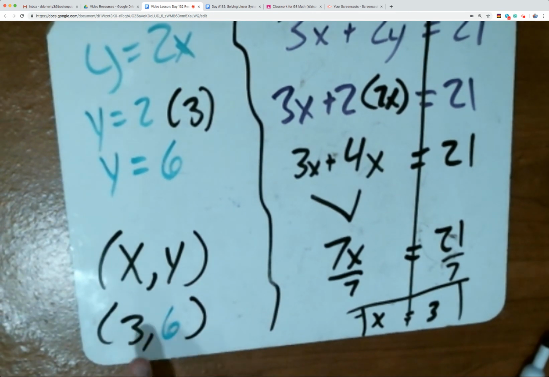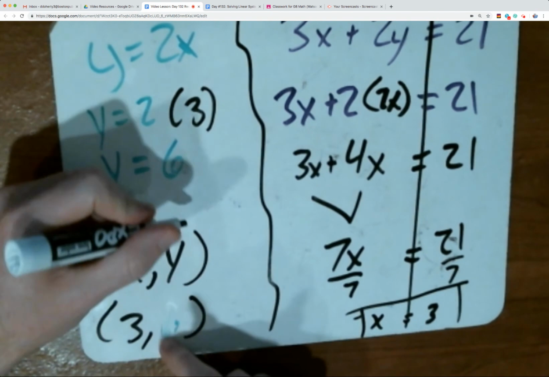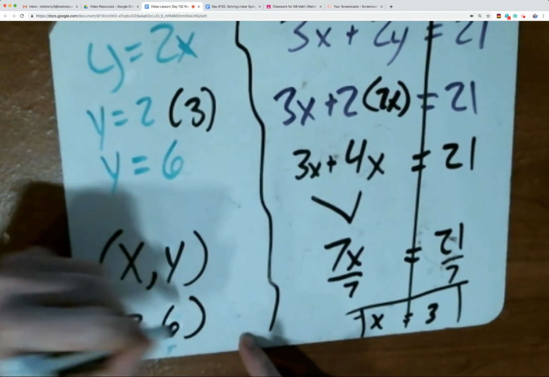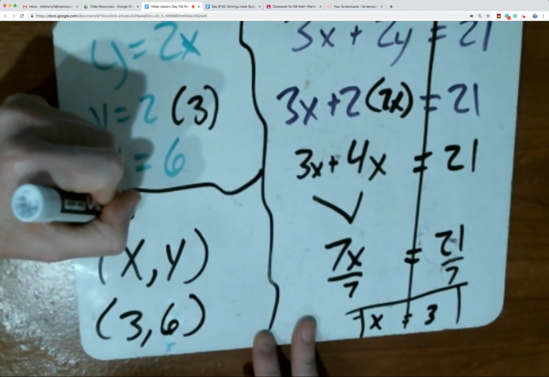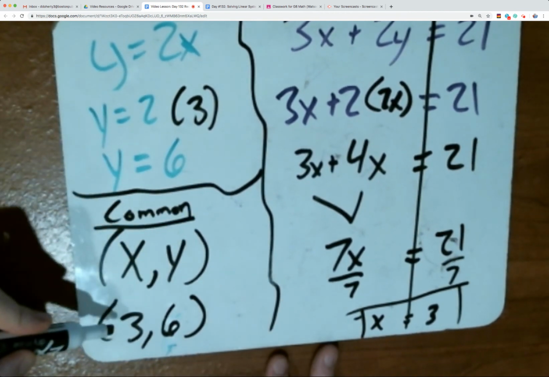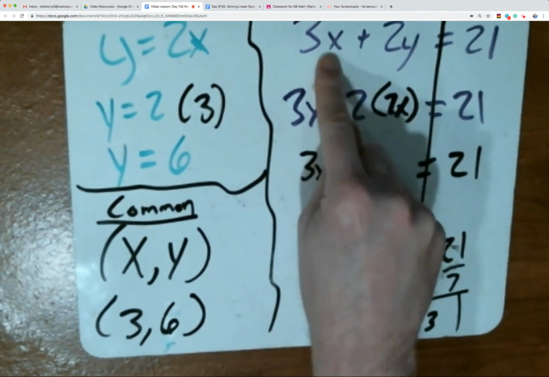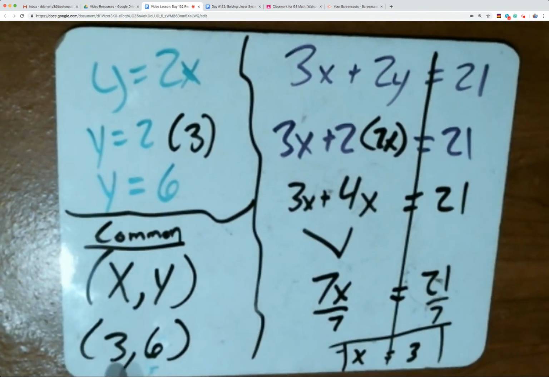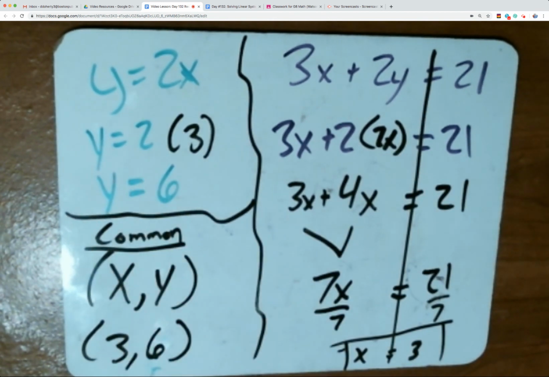And if you want to confirm that my answer, x is 3, y is 6, really is the common solution, you can go ahead and plug it into this purple equation, which says 3x plus 2y equals 21, and see if this works in the purple equation just like it works in the green equation.